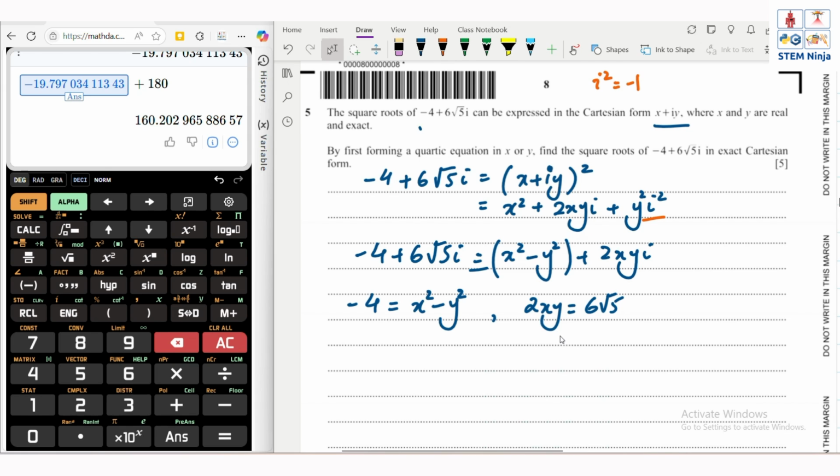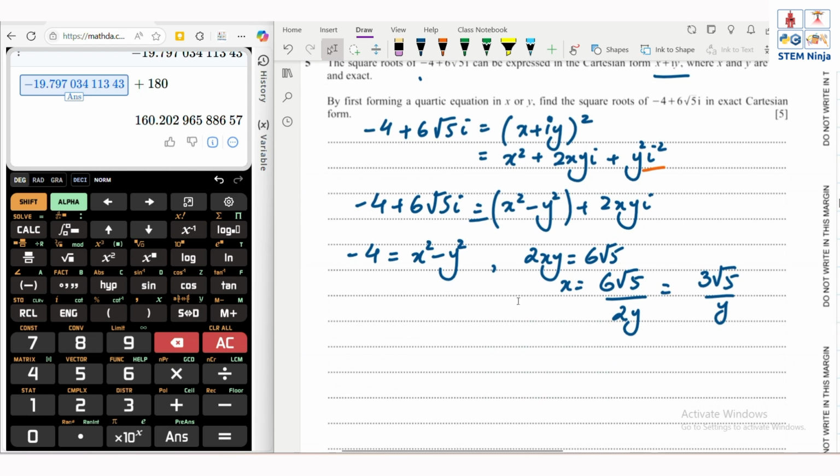The second equation can be made in terms of y or x. So x equals 6 root 5 over 2y, which can be made into 3 root 5 over y. Now we substitute this x in the first equation. So minus 4 equals x squared, basically we are squaring this thing. So 3 root 5 squared is 9 times 5, 45.